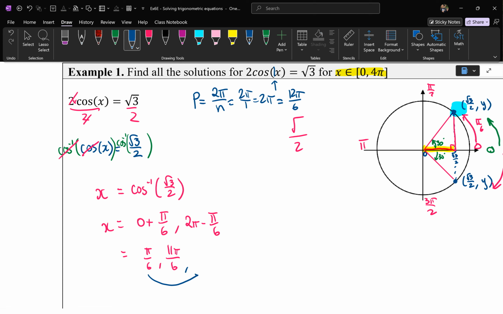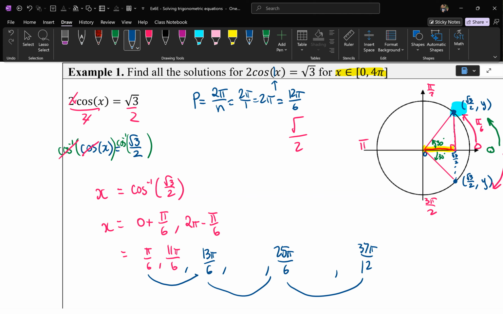If you want to know the next one, add on 12. Because we know that 2 pi is the distance, but in terms of denominators of 6, it must be 12. So 1 plus 12, I've got 13. If I want to know the next one, add another 12. 25 pi on 6. If I want to know the next one, add on another 12, and you get, what's that, 37.